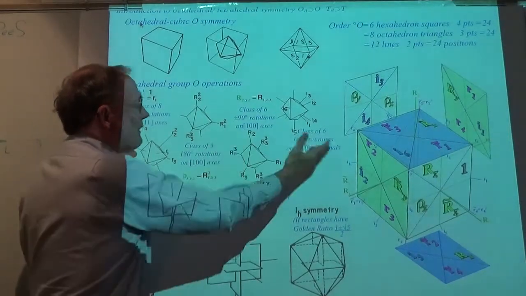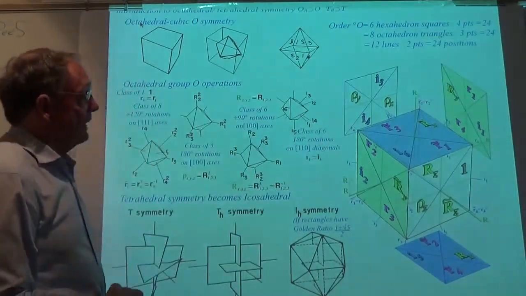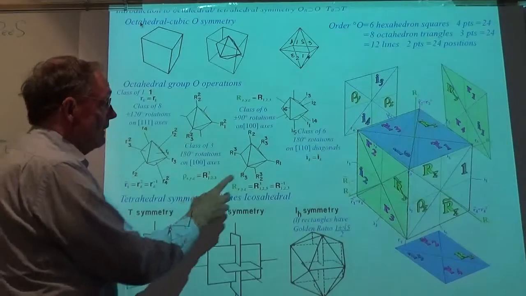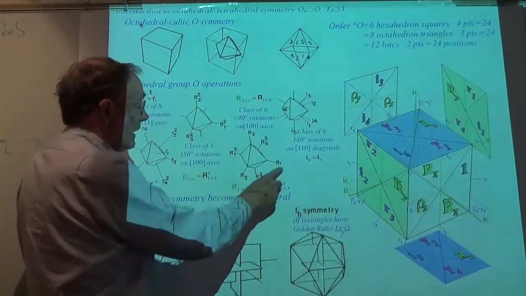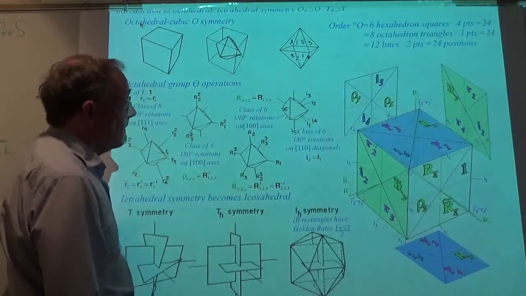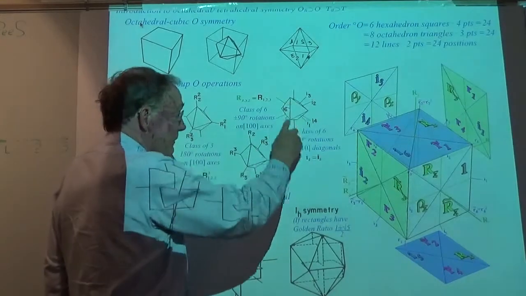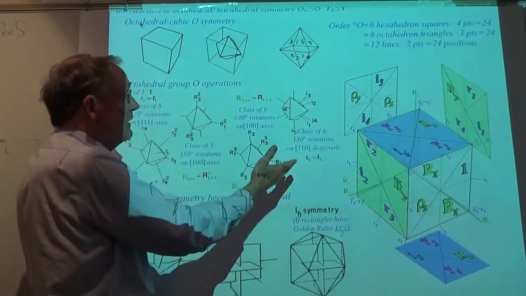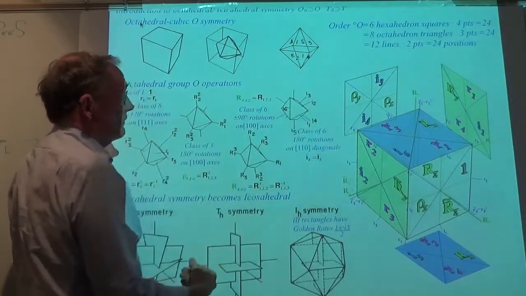And then the other half of the group, this is 12 elements, there's another 12 that consist of the 90-degree rotations around the Cartesian axes. X, Y, Z comes out of the board here. And finally, 180-degree rotations around diagonals of the various figures, octahedron or cube.